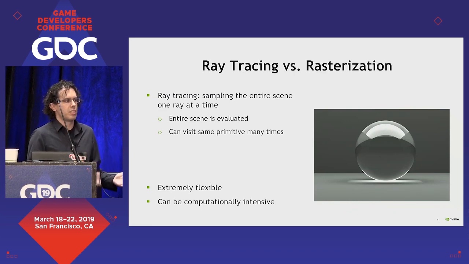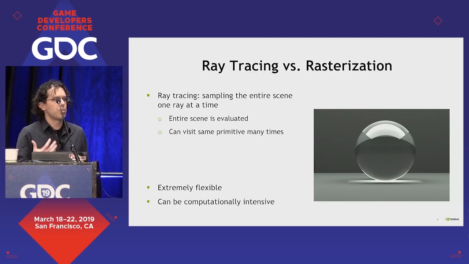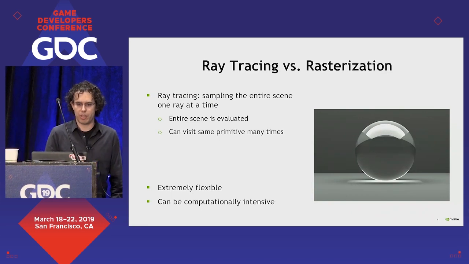Each primitive can be visited many times, as opposed to rasterization, where typically in one pass you visit each triangle once. And so it's an extremely flexible approach that allows you to accurately simulate light transport based on physical properties of light, even if you want to go that far.